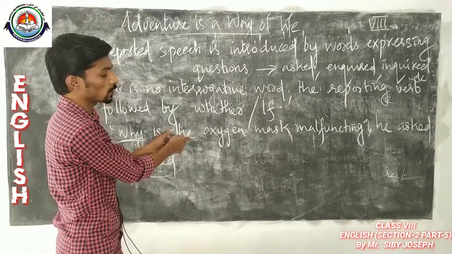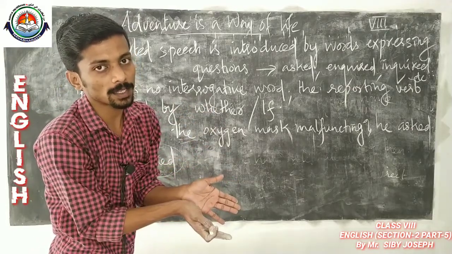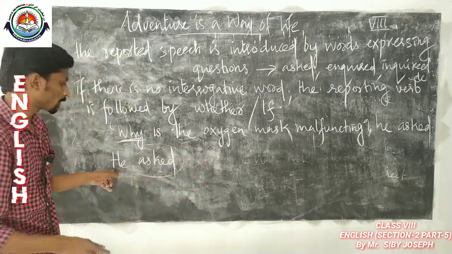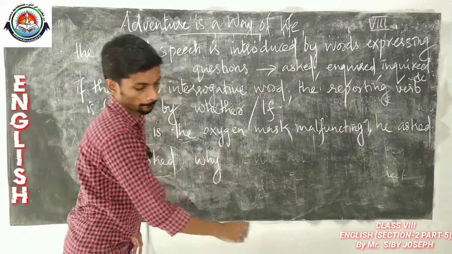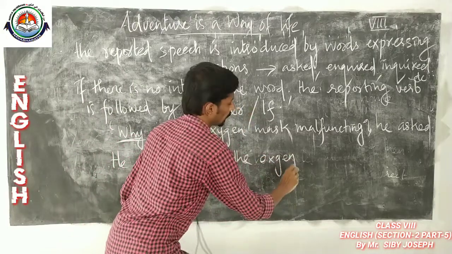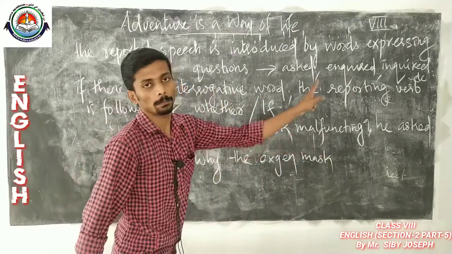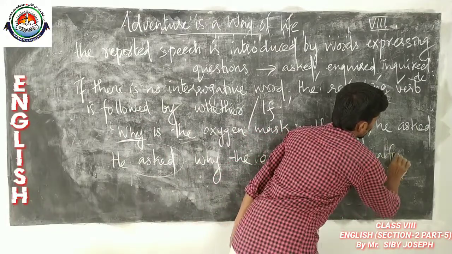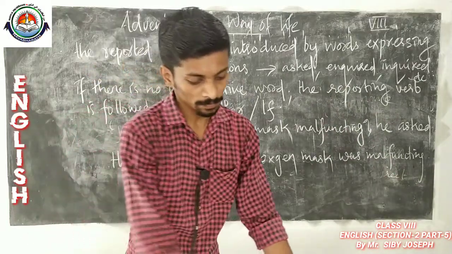So, this present continuous will be changed into its corresponding past tense. Which is the corresponding past tense of present continuous? Past continuous. So, how will the sentence be? He asked why the oxygen mask is malfunctioning becomes was malfunctioning. Okay. So, this is the change.